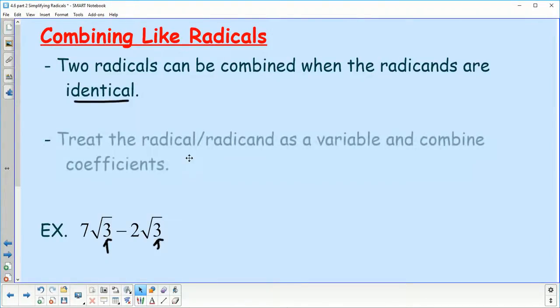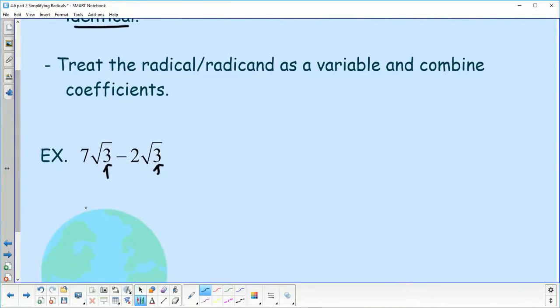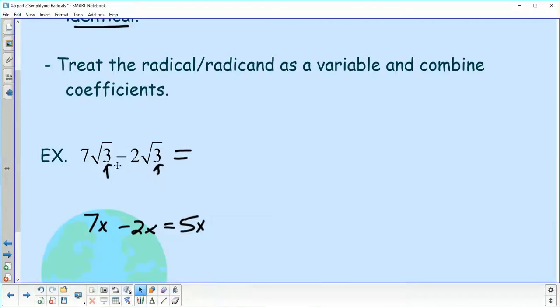And we're going to treat the radical, or the radicand, that just means this right here, the radical is the square root, the radicand is the number underneath, as a variable, and combine our coefficients. So if we were to treat it like a variable, you could think of an example like this, like really 7x minus 2x, and that would give us 5x. We just add or subtract our coefficients. It's the same idea here. Instead of x, we have the square root of 3. So 7 minus 2 is still 5 times the square root of 3.